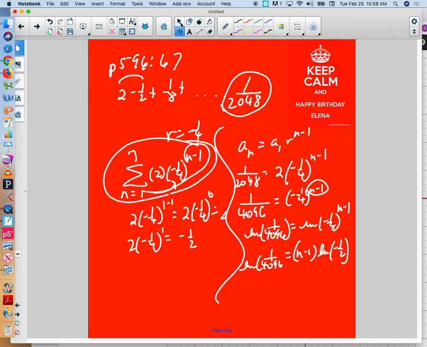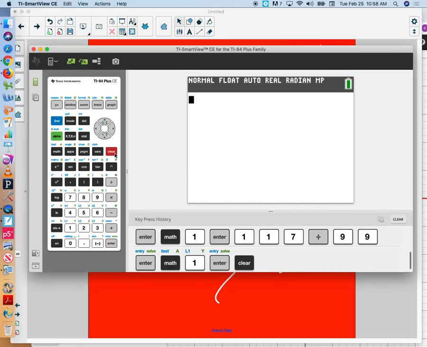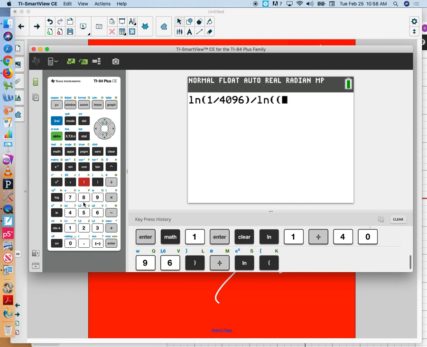All right, so now I can solve for n by saying, where's my calculator? So I can take the logarithm, I'm using ln, of 1 over 4,096 divided by ln of, what was it?